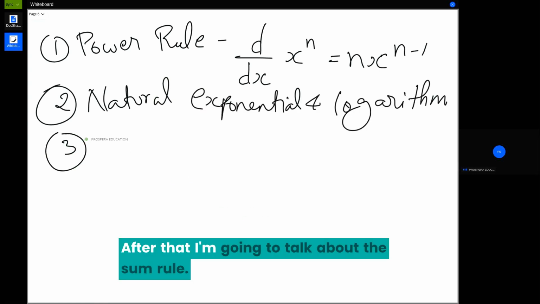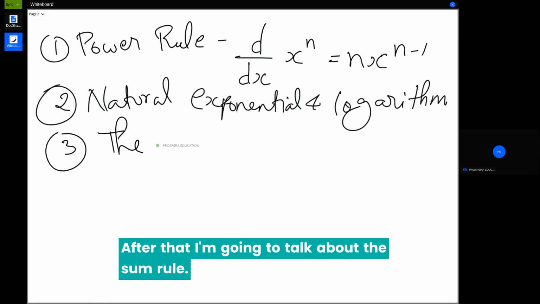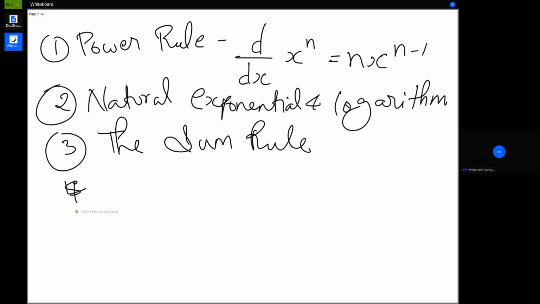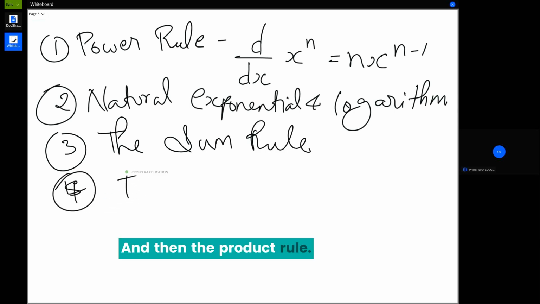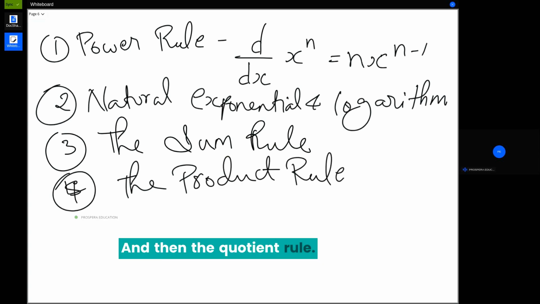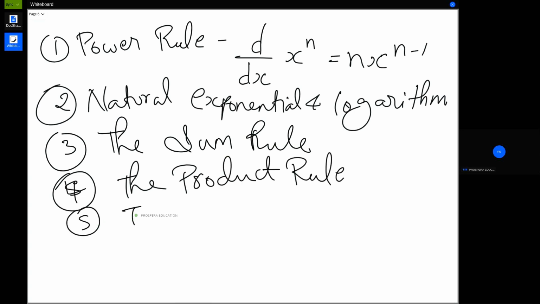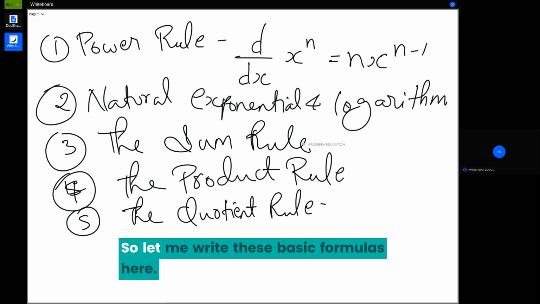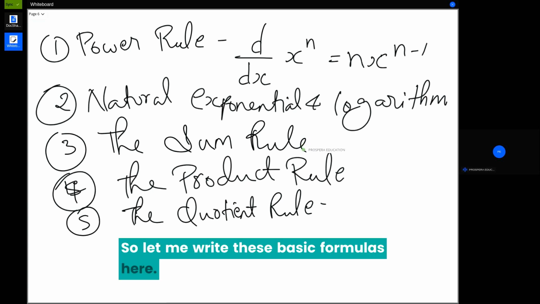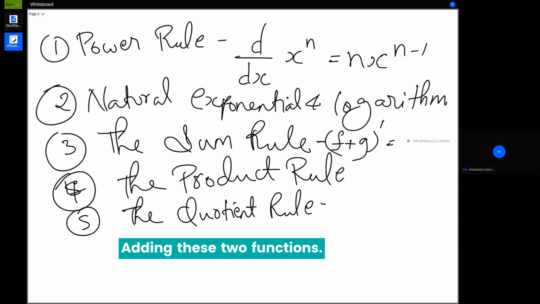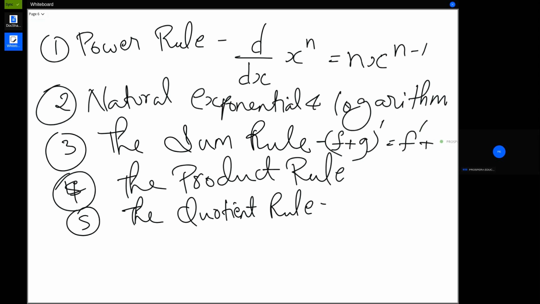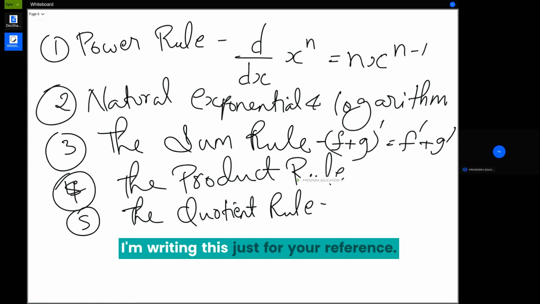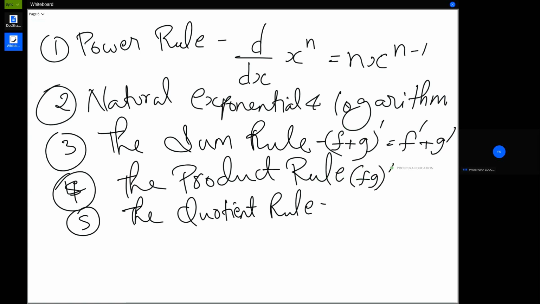After that, I'm going to talk about the sum rule, and then the product rule, the quotient rule, and the chain rule too. So let me write these basic formulas here. I'm writing this just for your reference. We won't talk more than that.